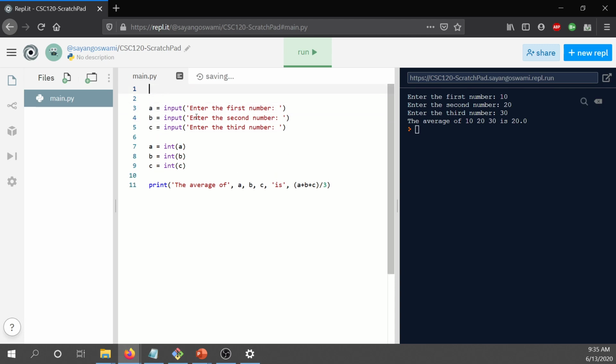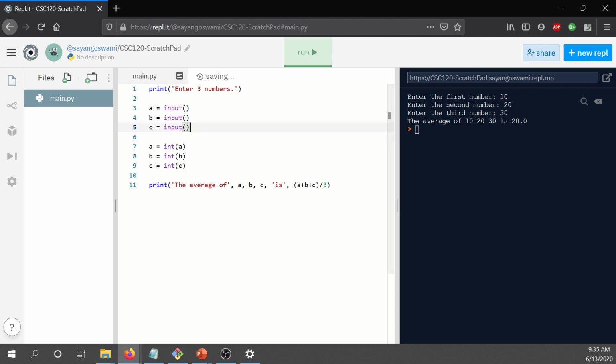You can just say print, enter three numbers, and then all you could do is a equals input, b equals input, c equals input.